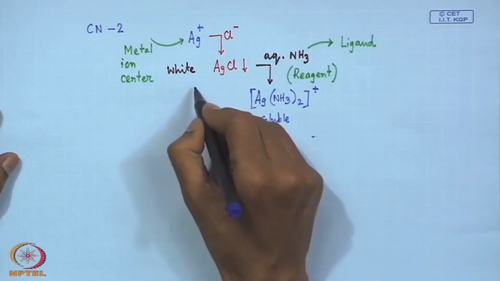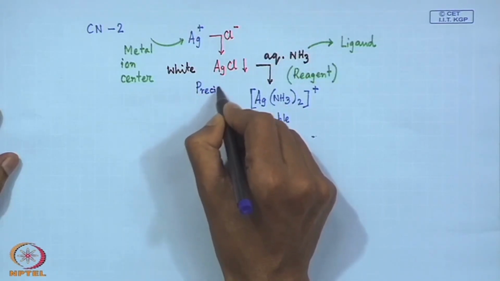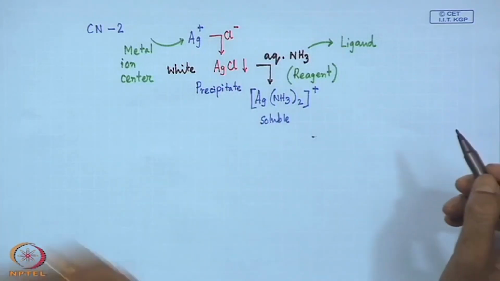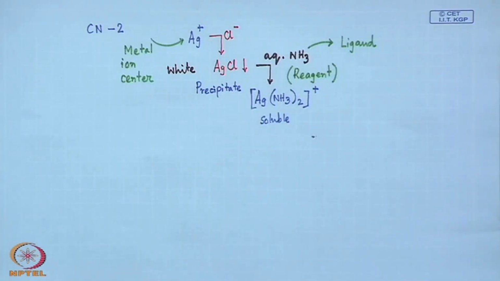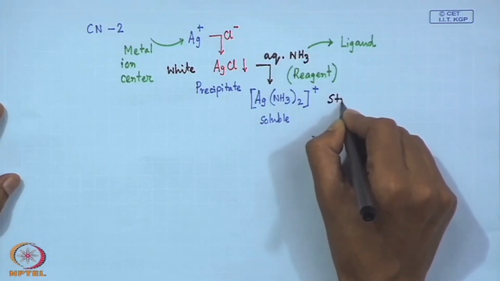So, the precipitate is solubilizing due to the addition of the ligand ammonia. So, what will be the structure?